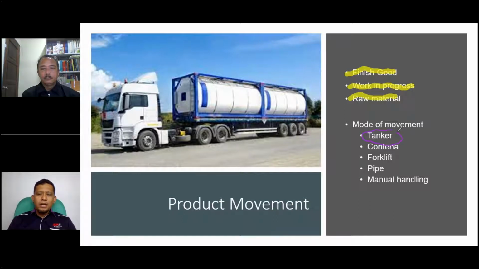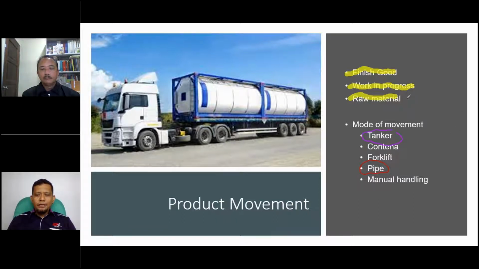But for those quite close to the port, for example in Johor, we have Tanjung Langsat port, Terminal 1, and Johor port, some of the liquid chemical is actually transferred by using pipes. There are a lot of pipes near the ports. That's for the gaseous and liquid types.